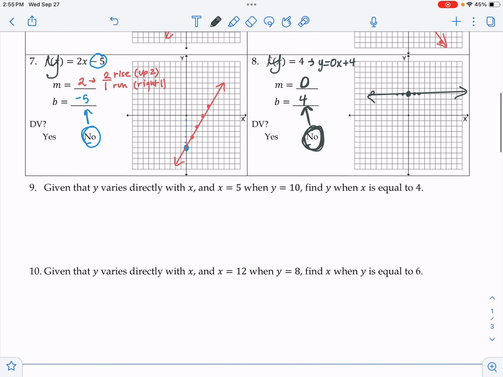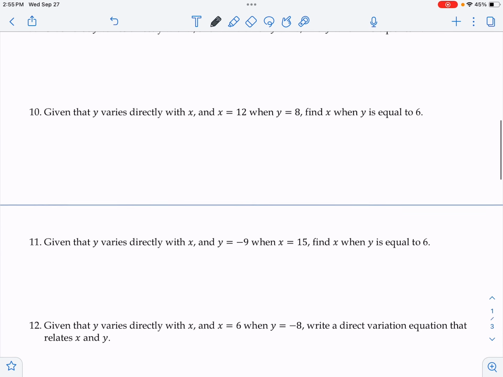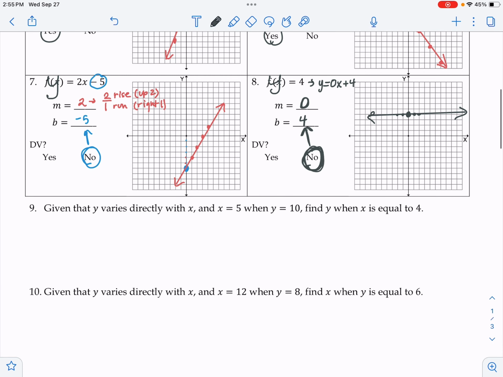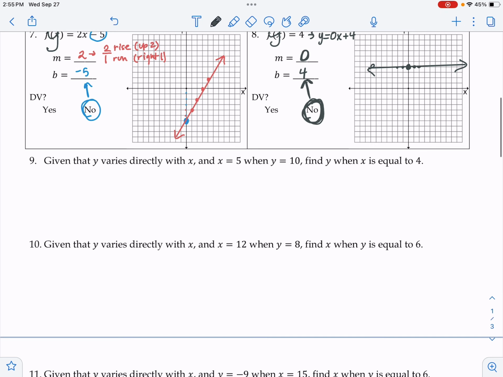All right, so the main type of question they ask on STAAR is to find a specific value given a value. And so number 9 says, given y varies directly with x and x equals 5 when y equals 10, find y when x is equal to 4. So this takes 2 steps. As soon as you see that y varies directly with x, you can go ahead and write the equation y equals kx.